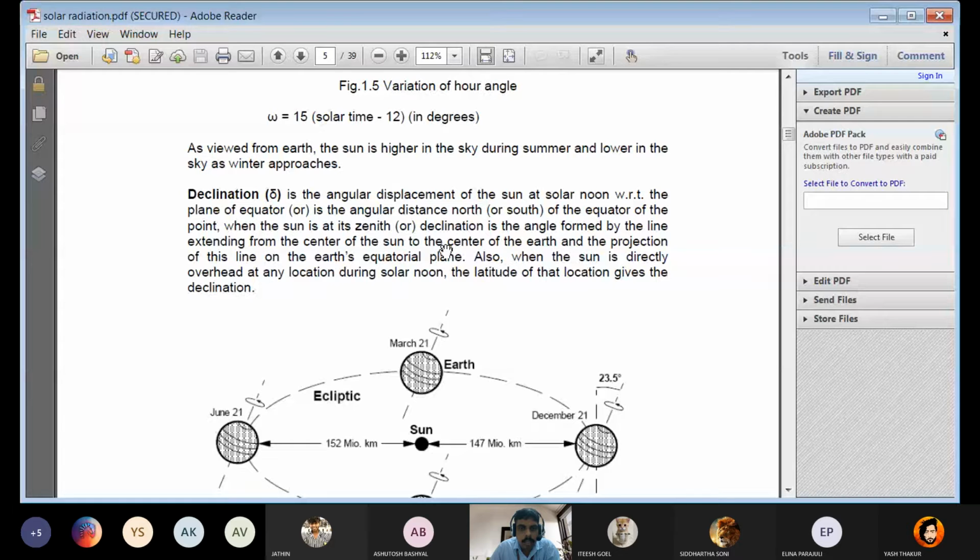Why is it occurring? Because of the variation in declination angle. Because Earth is revolving around the sun and also rotating, the angular displacement of the sun at solar noon with respect to the plane of the equator varies.